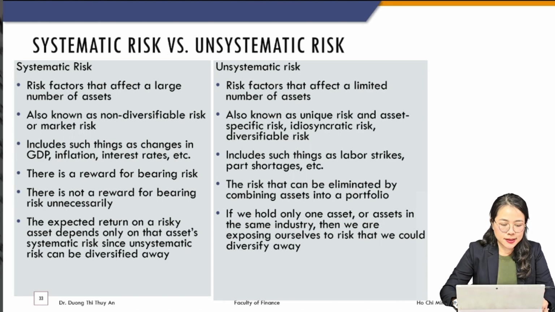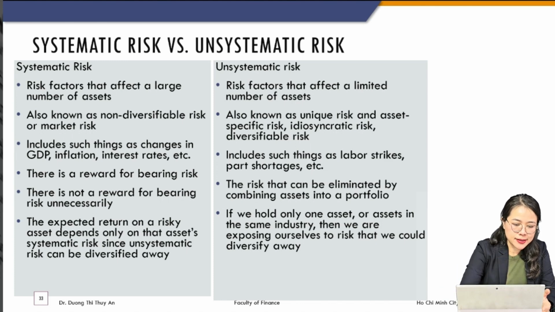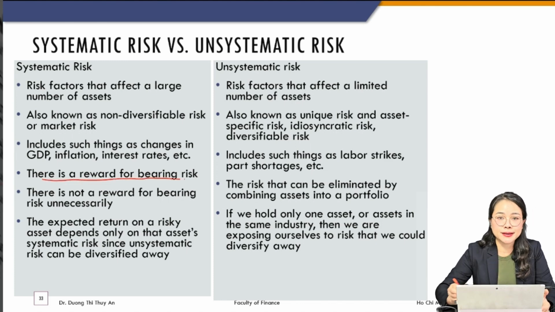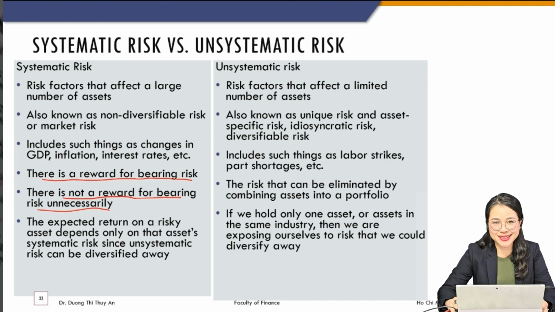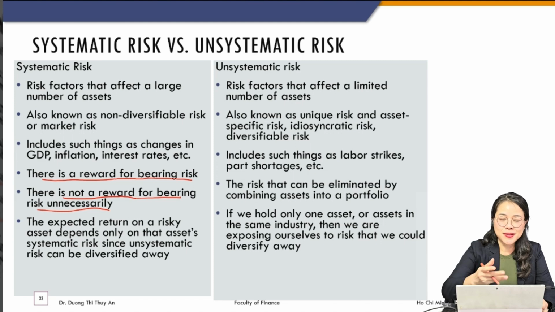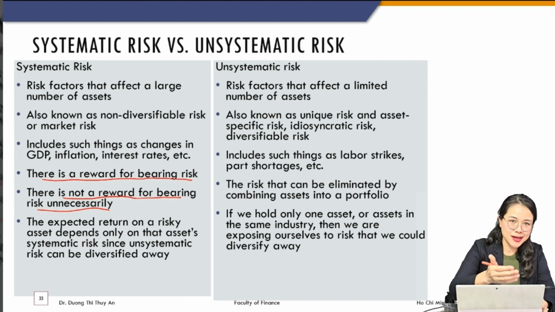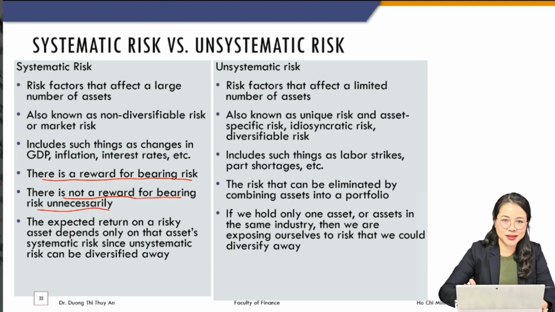Notice that there is a reward for bearing risk, but there is no reward for bearing risk unnecessarily. So what kind of risk is unnecessary? You see there are two kinds of risk, unsystematic risk and systematic risk.